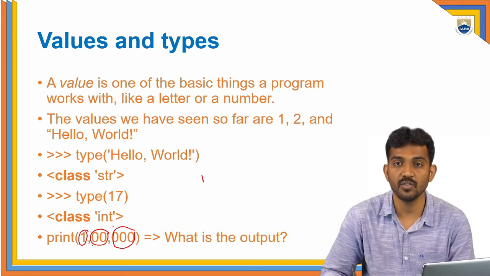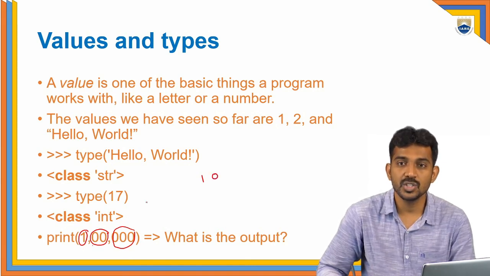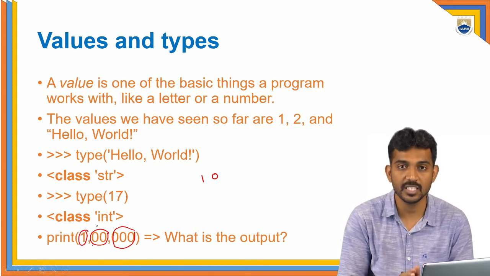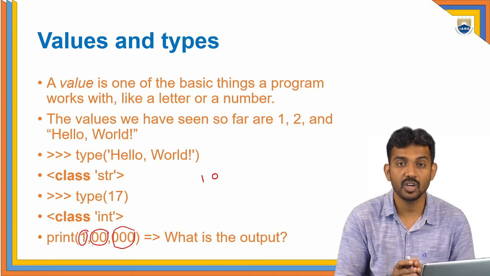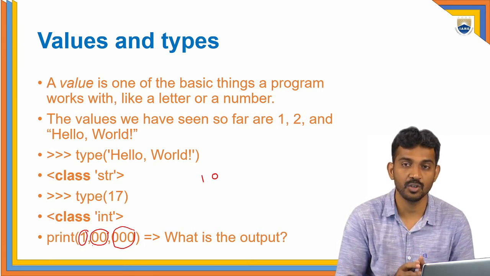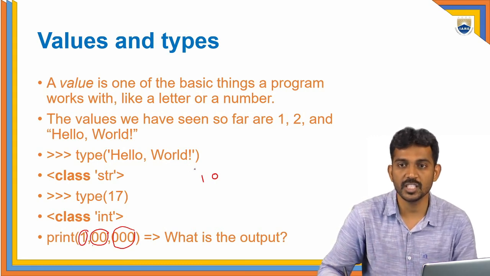The double zeros by default take the value 0 only, because it is comma separated, which means the comma starts another statement. It is not related to the 1. So the comma means the double zeros are not related to the 1; it is a separate statement. The same for the triple zeros; the value is 0 only.